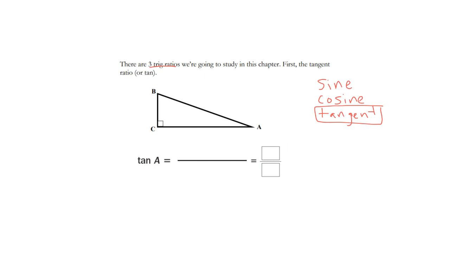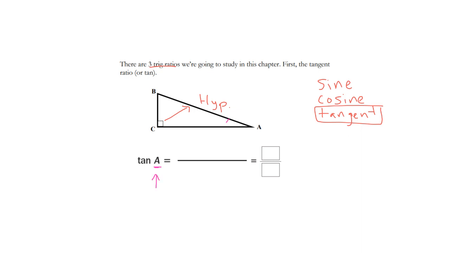Now let's go ahead and label our sides like we did on the previous screen. Across from our right angle is always the hypotenuse, HYP, or later we'll just call it H for hypotenuse. And if you look right here, we're talking about the tangent of angle A. So that's our reference angle. That tells us what angle we're referring to.